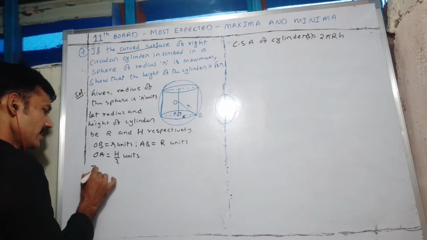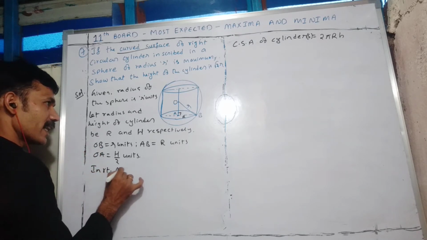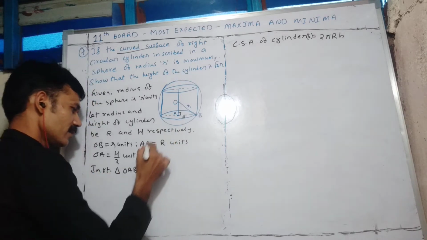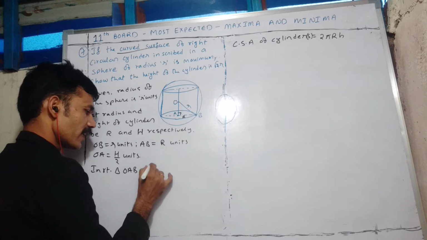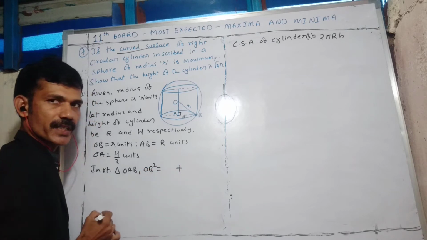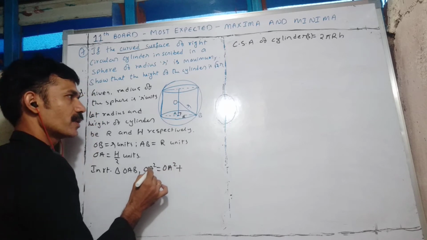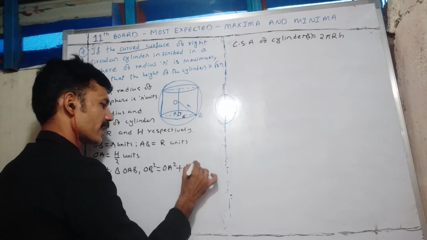Now in right triangle OAB, we can apply the Pythagoras theorem. Hypotenuse square is equal to the sum of squares of the other two sides. That is OB square equals OA square plus AB square.